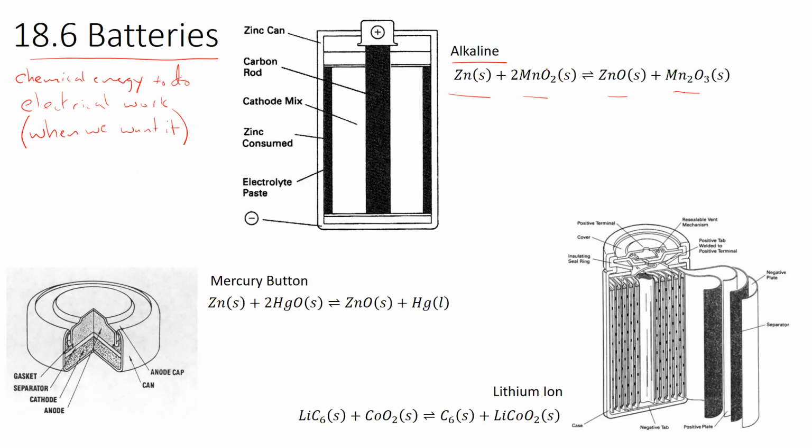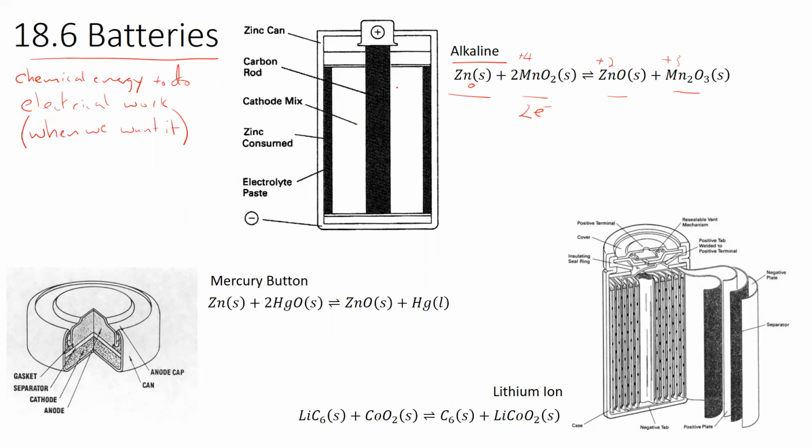The manganese oxide on the reactant side is in the positive 4 oxidation state. The zinc is 0. On the other side, zinc is +2, and the manganese is +3 for each manganese. So there's a total of 2 electrons in that redox reaction.